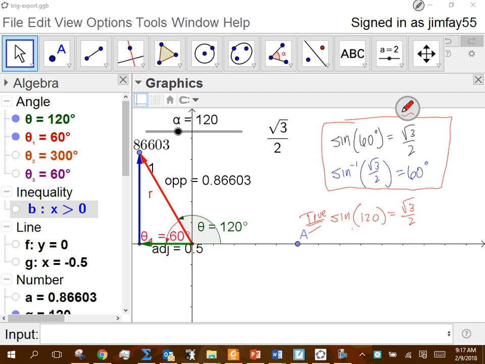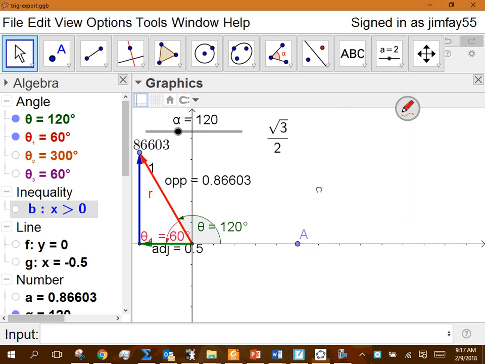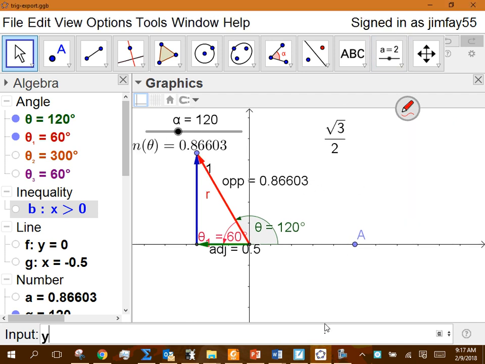Same thing happens with cosine. However, on your calculator, cosine is only going to give you things in those two quadrants, okay? So let's say I'm dealing with the cosine.